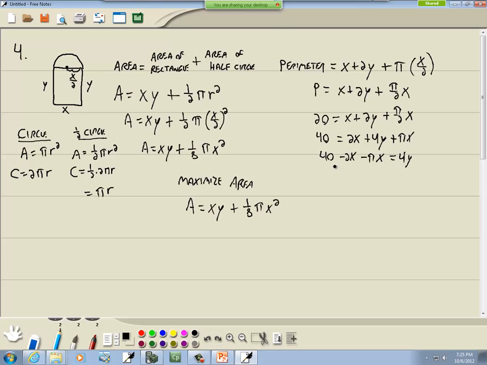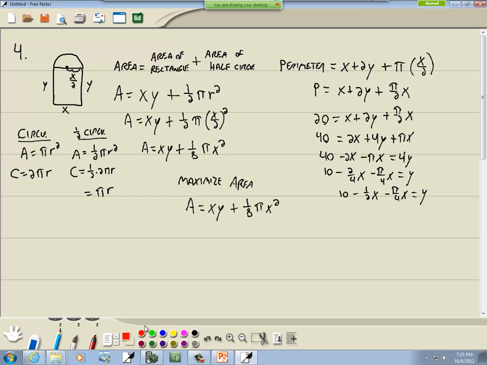And then divide everything by 4. 40 divided by 4 is 10 minus 2/4 x minus pi over 4 x equals y. Which means 10 minus 1/2 x minus pi over 4 x is equal to y.